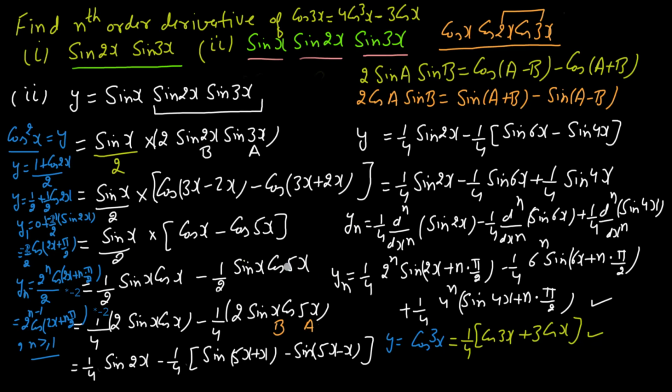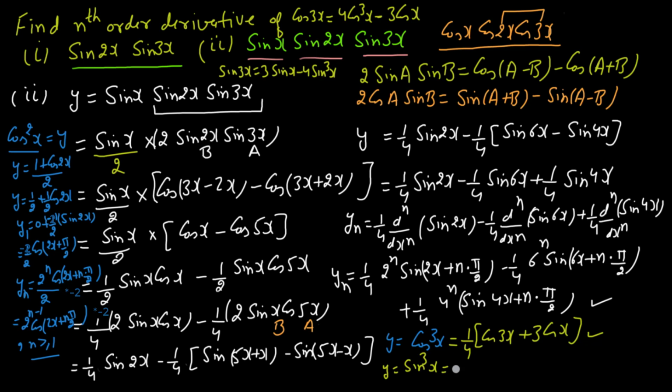Similarly we will do with the sine. If we are given sine cube x, then what is the formula for sine 3x? It will be 3 sine x minus 4 sine cube x. So what will be the value of sine cube x? This will go over there, this will go over here.